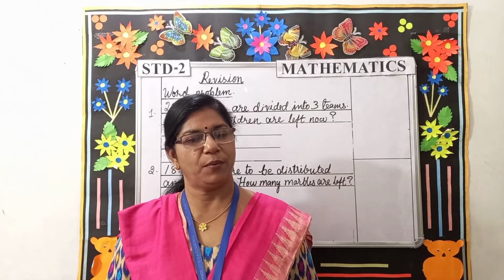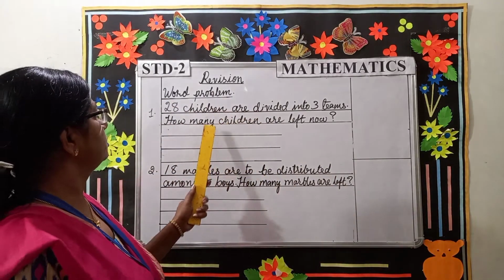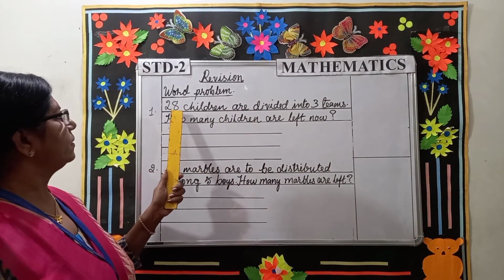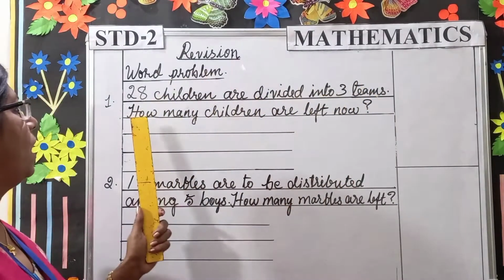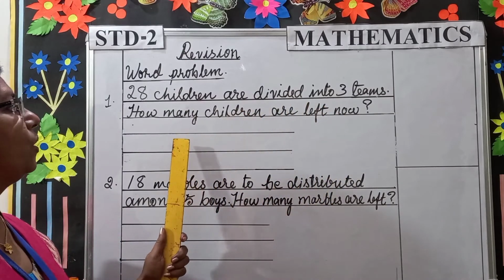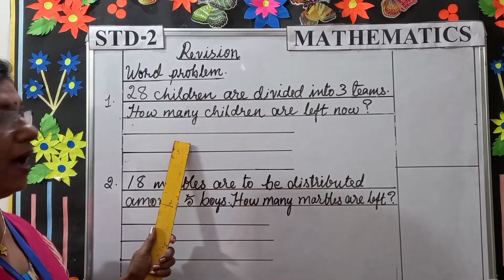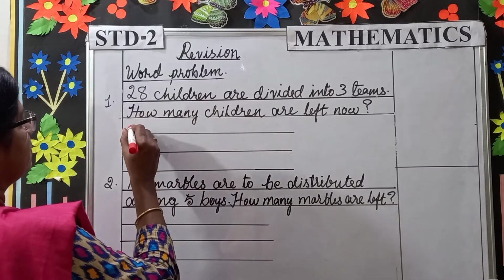Let's do word problems of division with remainder. Look at the board, children. Question number 1. 28 children are divided into 3 teams. How many children are left now? Here you have to write the short statements and find out the remainder. Let's do. How many children?